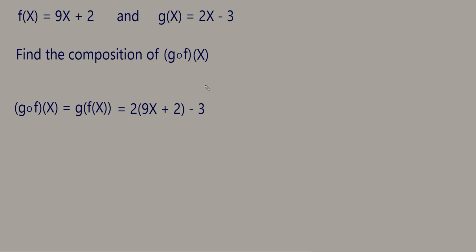It's time to now clear the brackets. 2 times 9x equals 18x. 2 times 2 gives 4. We bring down the 3. 3 minus 4 gives 1. And the answer is 18x plus 1.